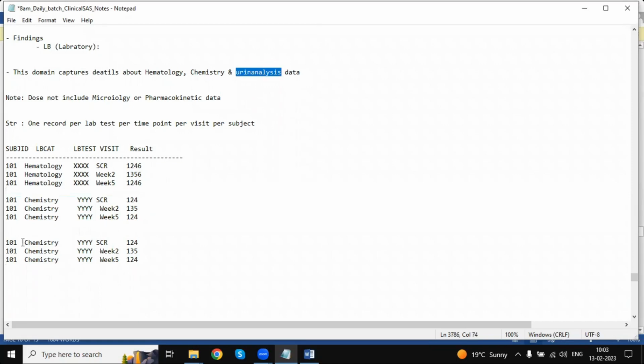again for the urine analysis category also, you have different tests. Let's assume some test you do, different test names.